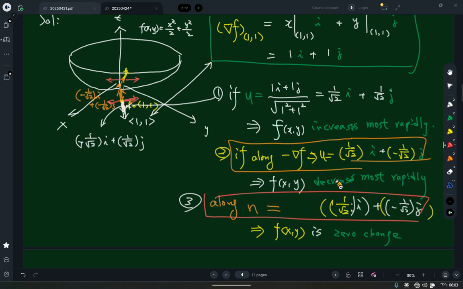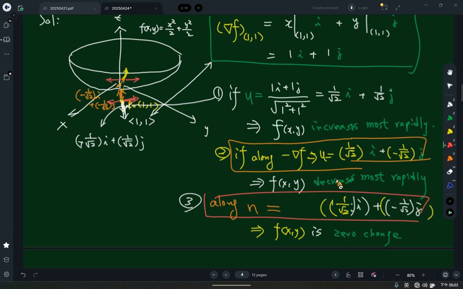For this direction, we can just follow this series, and then f of x, y increases most rapidly this way. If we follow this way, it decreases most rapidly.